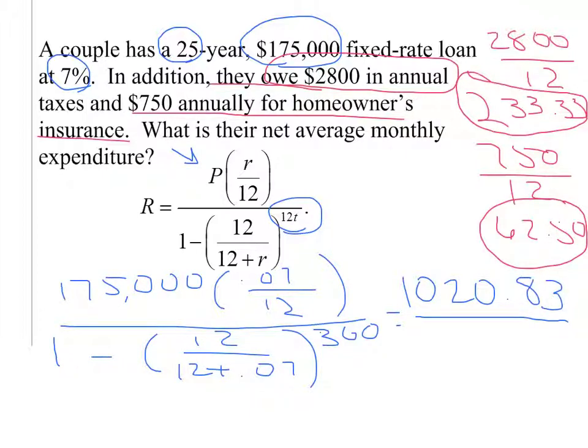That's the top. I'm going to now work on the bottom and take 12 divided by 12.07. I get a long decimal. I'm going to raise that to 300, hit enter, and so now for the bottom, I have the 1 minus, and I'm going to round 0.175. So this is what I have so far.